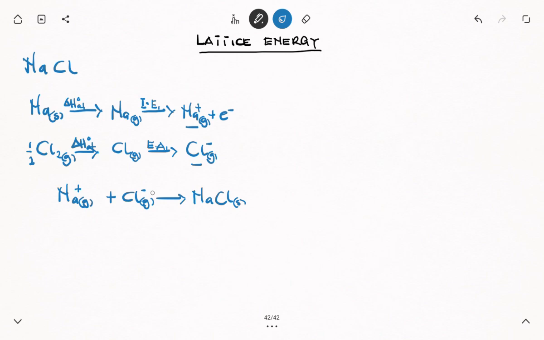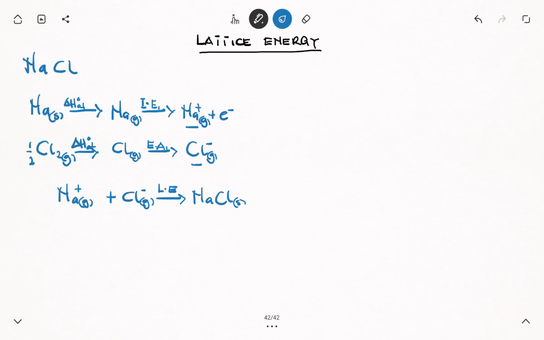Now the energy here is lattice energy. So if we are able to work out the enthalpy of atomization for sodium, we know the ionization energy for sodium, and we know the value for enthalpy of atomization of chlorine and its electron affinity, we can add all this together, and then we'll be able to determine the lattice energy for the formation of the ionic compound sodium chloride.